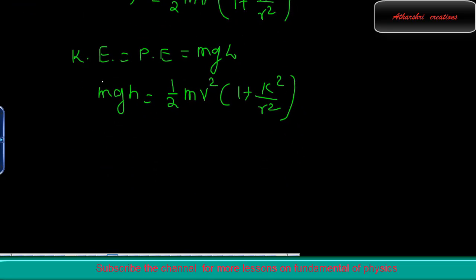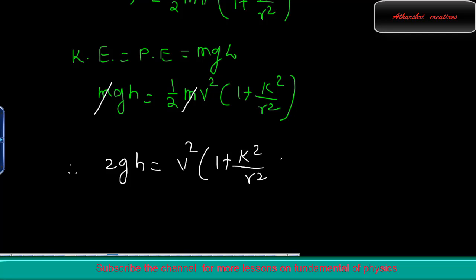See, this m gets cancelled, and the equation becomes 2gh equal to v square in bracket 1 plus k square divided by r square, or we can write v square equal to 2gh divided by 1 plus k square upon r square.